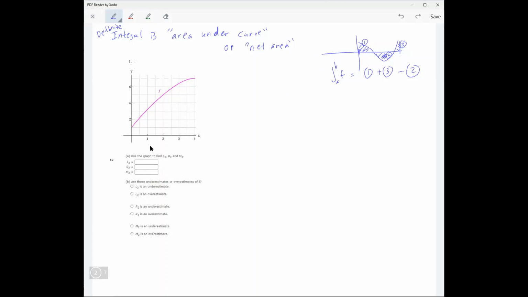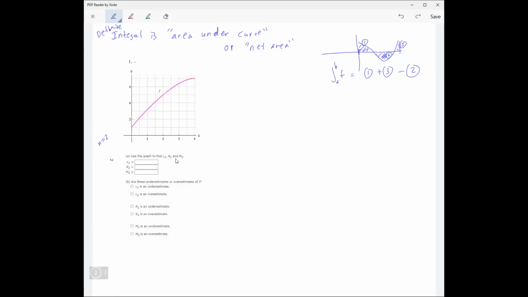When we were first learning about it, we learned about things like this. This is 1A. Use the graphs to find L2, R2, and M2. Now, L2 was using left endpoints. For this particular problem, I didn't put it down, but I think we're supposed to use n equals 2. Oh yeah, there's 2's right here.